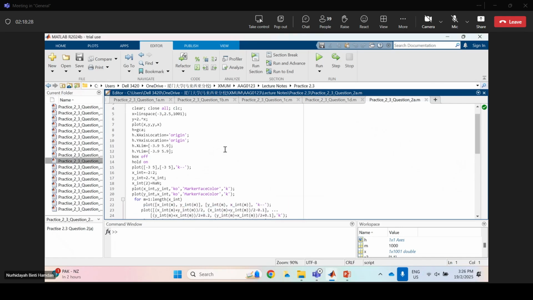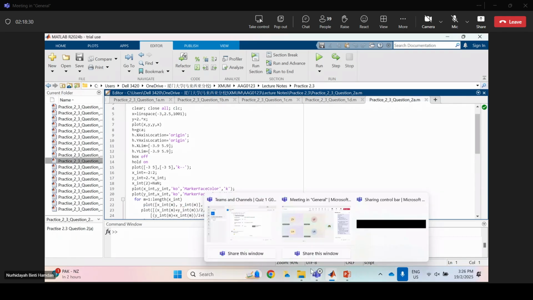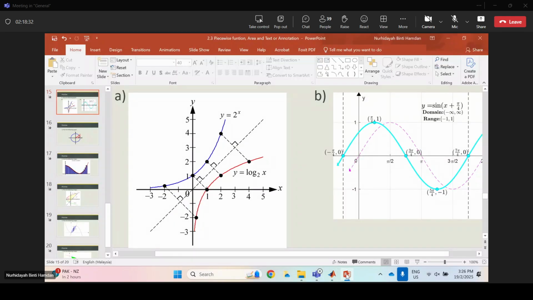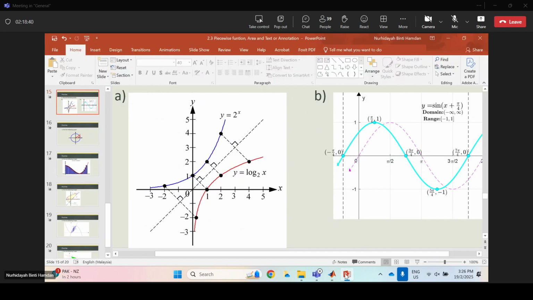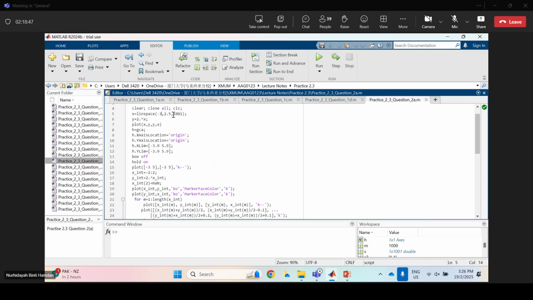Look at this. The value is between -3 and 5, so I put the value -3 until 2.5.